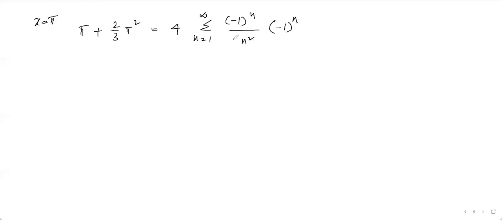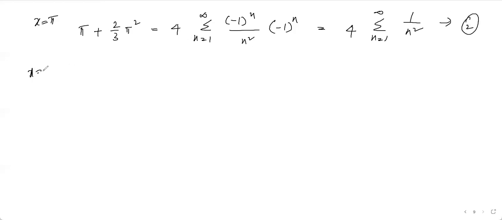Okay, which would lead to, after simplifying this, 4 summation n is equal to 1 to infinity 1 by n squared. Okay, let us keep this result as 2.